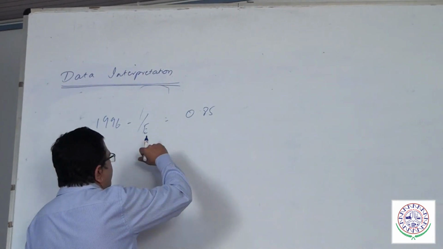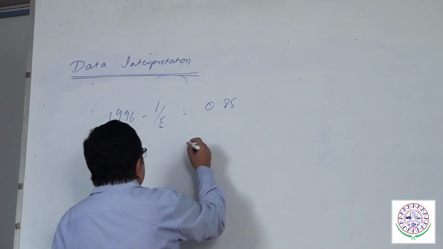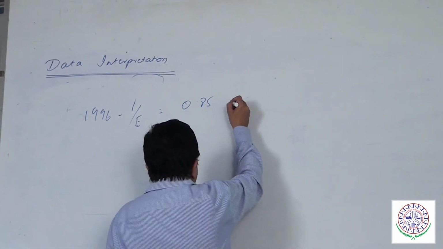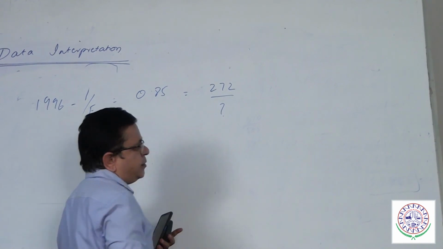It was 272 crores. So 0.85 is nothing but 272 crores by how much?